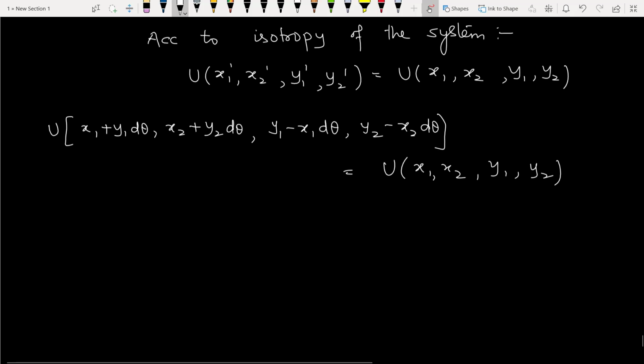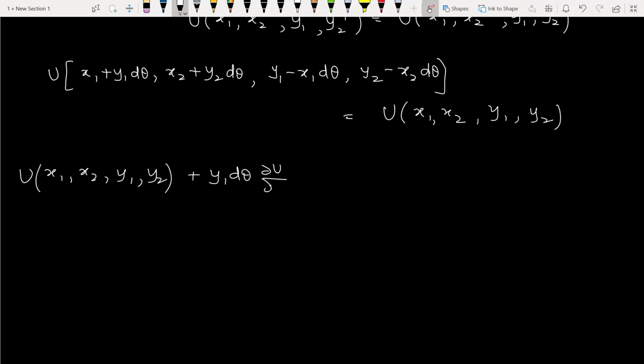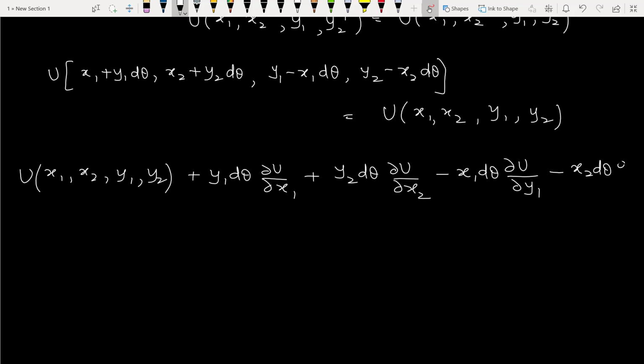So applying the Taylor theorem, it will be U x1 x2 y1 y2 plus y1 d theta curly U by curly x1, y2 d theta curly U by curly x2, minus x1 d theta curly U by curly y1, minus x2 d theta curly U by curly y2, it is equal to U x1 x2 y1 y2.